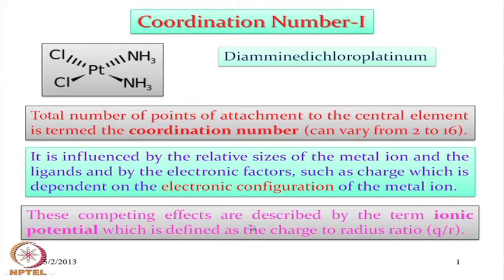So, these competing effects are described by the term ionic potential. If we consider the charge and the radius and the ratio of these two, we will be talking in terms of the ionic potential. So, the ionic potential of the metal ion will control the corresponding coordination number for the different metal complexes.